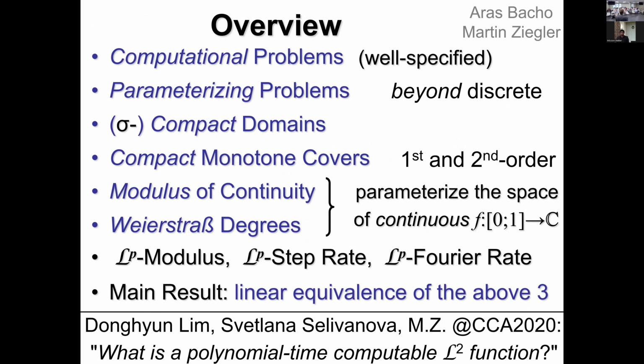Our main result is that these three are linearly equivalent in a sense that I'm going to explain, meaning that any of the three can be used to define computational complexity up to linear, and particularly up to the polynomial perspective.